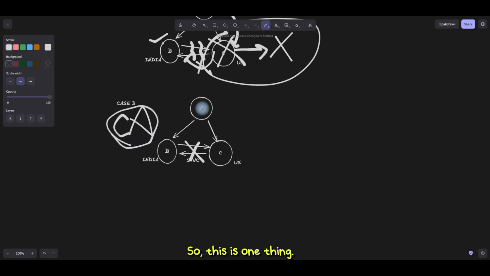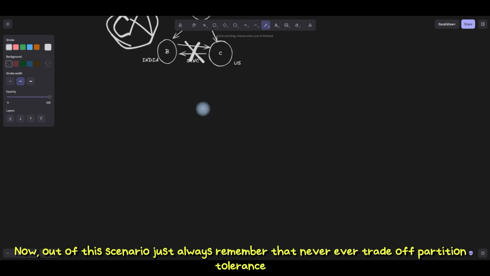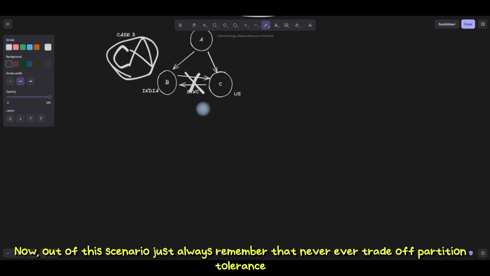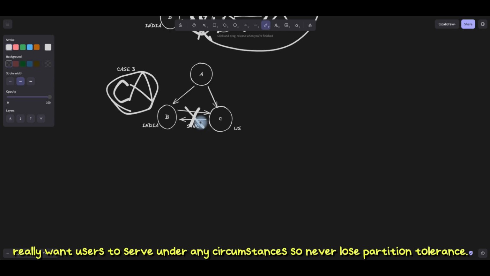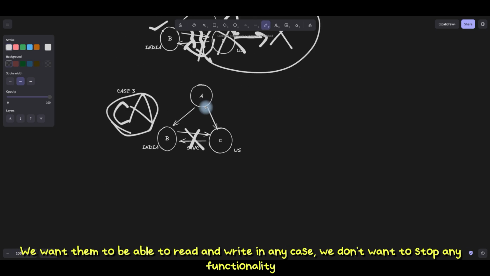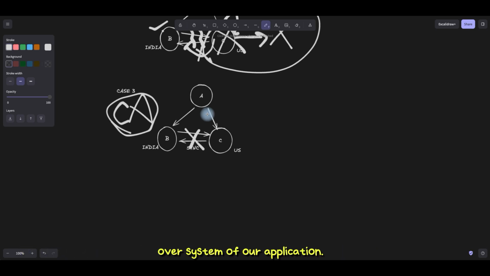Okay, so this is one thing. Out of these scenarios, just always remember: never ever trade off partition tolerance, because we really want to serve users under any circumstances. So never lose partition tolerance. We want them to be able to read and write in any case. We don't want to stop any functionality of our application.